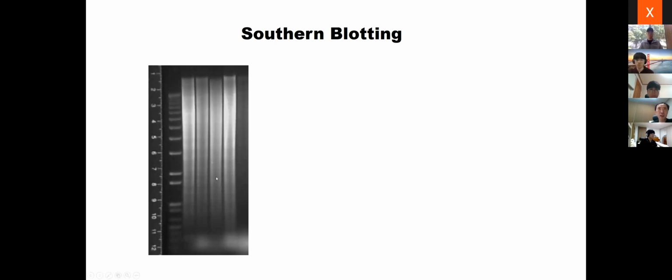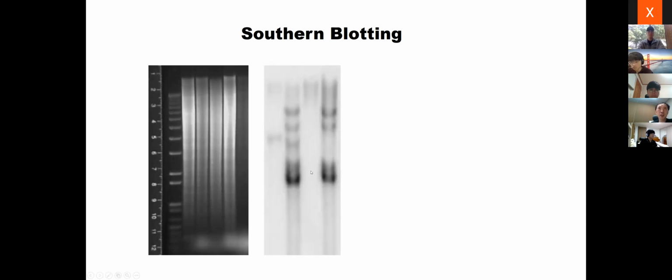After you run the gel, this is like a chromatography. If you apply the complementary sequence, then it can recognize, okay, here and here, this is my gene of interest. This is utilizing the hybridization of a double strand, complementary sequence binding. Then using this, you can find a specific sequence out of this mixture of many different genes, DNAs.